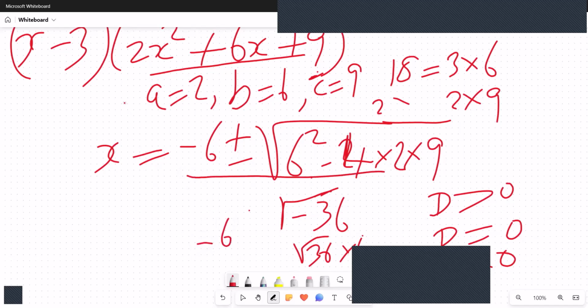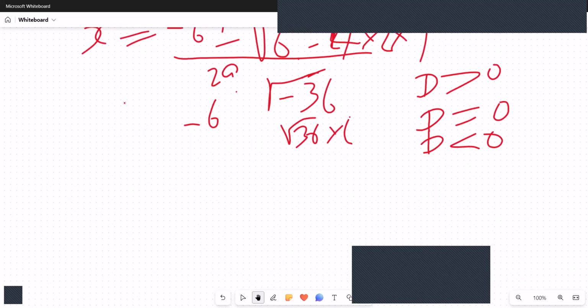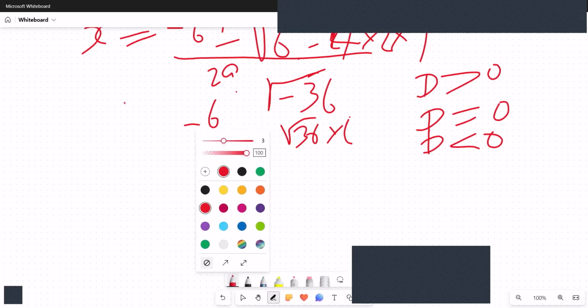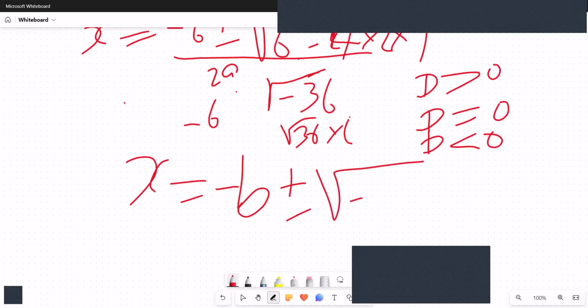And by the way, there is 2a here. So let's finish this up because we are looking for two solutions. So x is equal to minus 6 plus or minus the square root of negative 36, because 36 minus 72 is negative 36, all over 2 times 2, since a is 2.